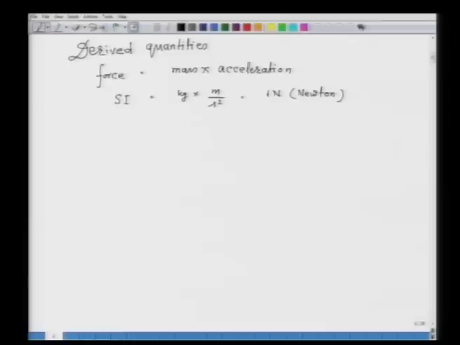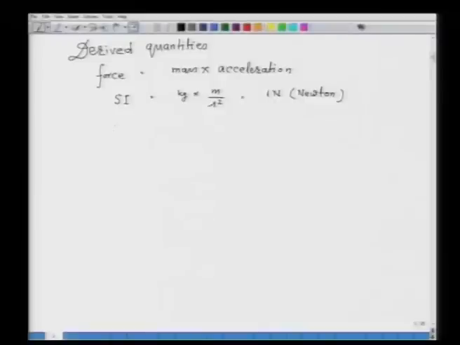So, you know mass is in kg and acceleration is in meter upon second square. So, you are getting again kilogram, meter and second, which are the fundamental units, and utilizing the formula and the units of the variables in the formula, one can obtain, for example, the unit of force.